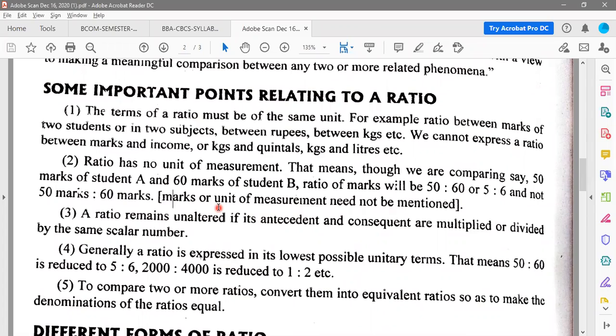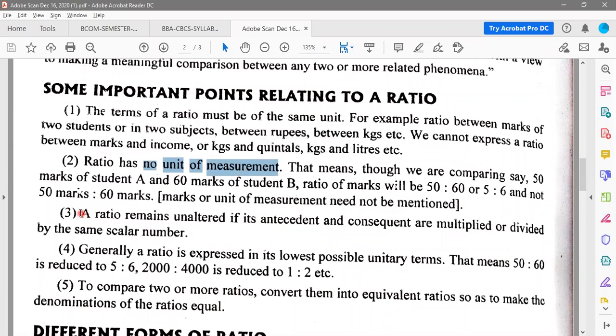The units like kgs, hours, marks, quintals, tons, liters need not be mentioned. So that is the second important point, that a ratio has no unit of measurement.